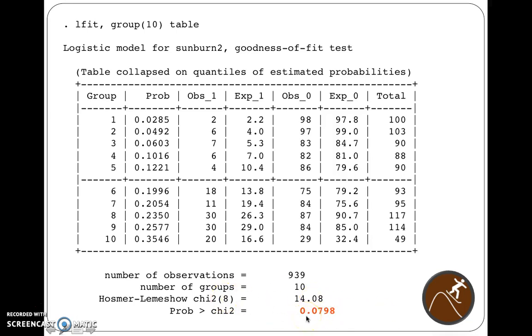But again, remember it. Low p-values mean statistically significant differences. Here we don't want to see a statistically significant difference. So we have acceptable fit by most folks' standards. Some people would set this bar a little higher and say you want a p-value higher than 0.15. But for the purposes of this class, it's higher than 0.05, so you might say acceptable.